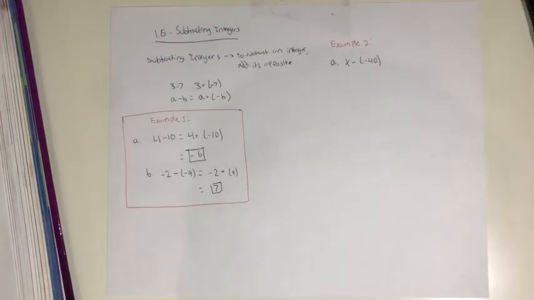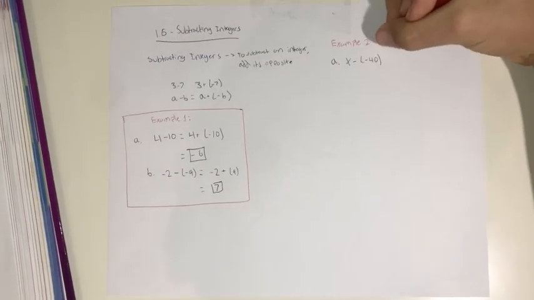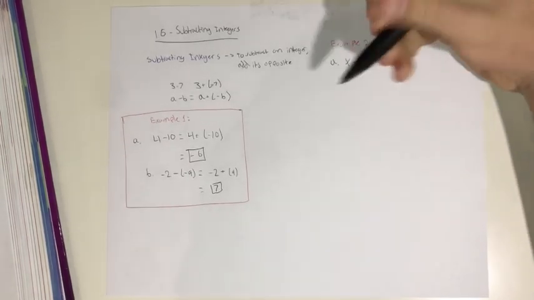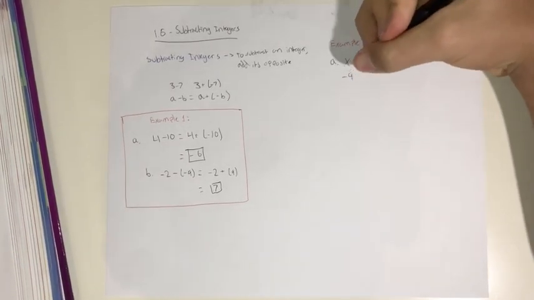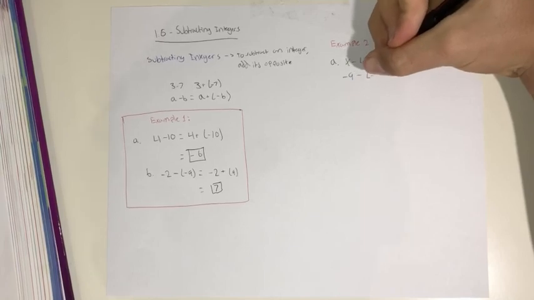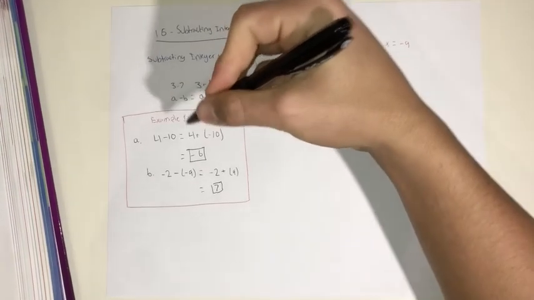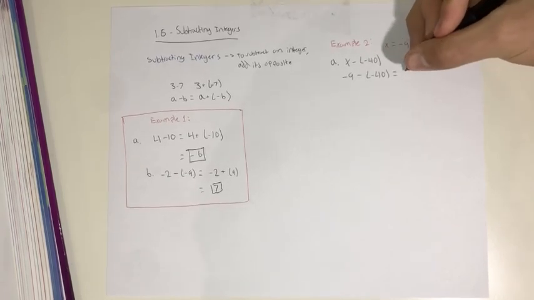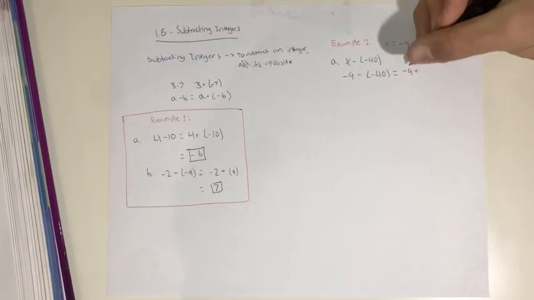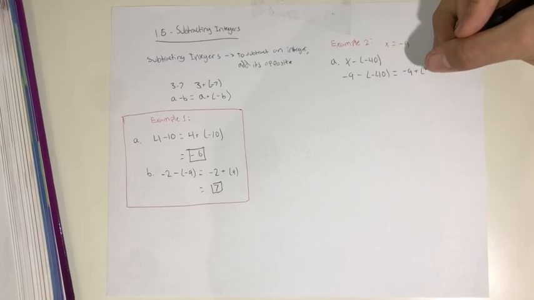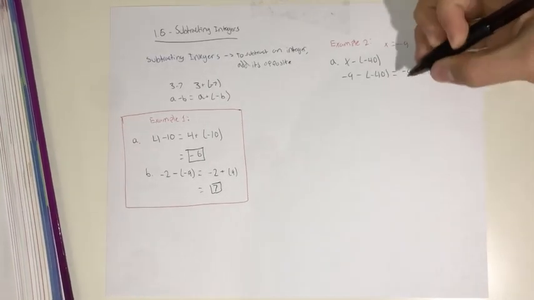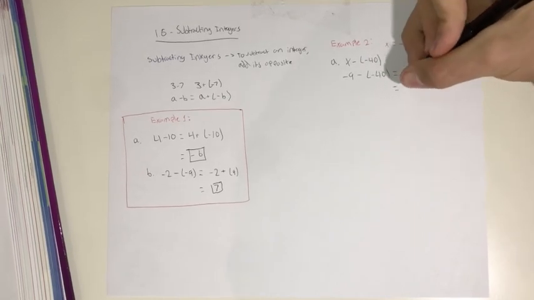Oh, but x equals negative 9, I forgot to say that. So you could rewrite this as negative 9 minus negative 40, which is similar to example 1. This equals negative 9 plus negative 40's opposite, so 40. Negative makes a positive. So negative 9 plus 40 equals 31.